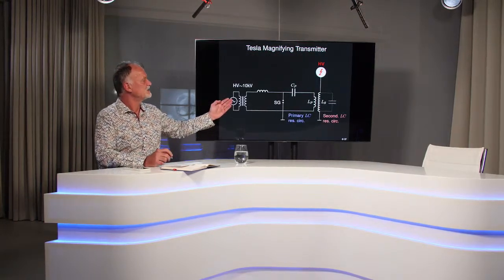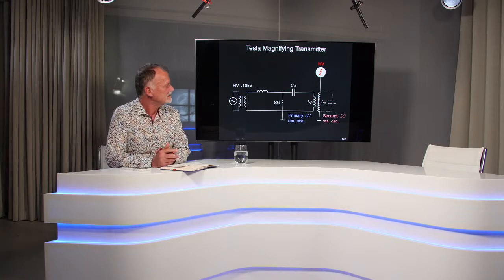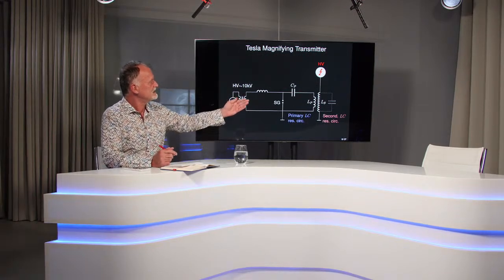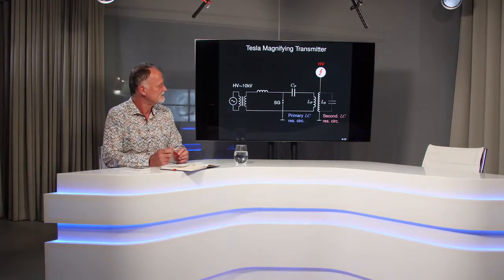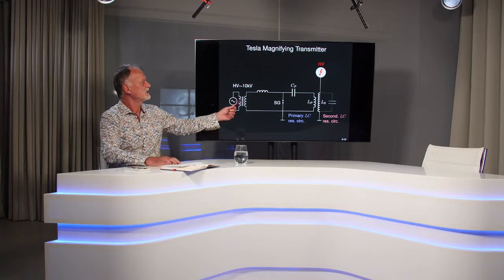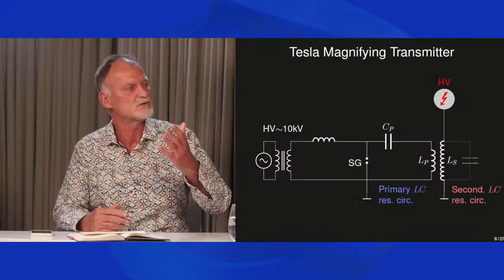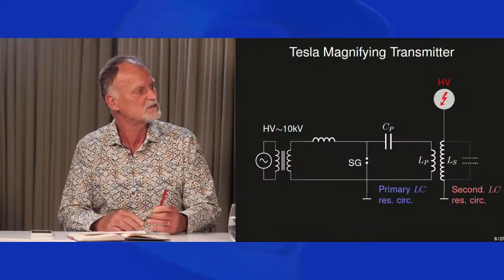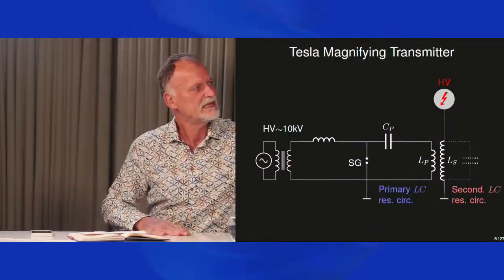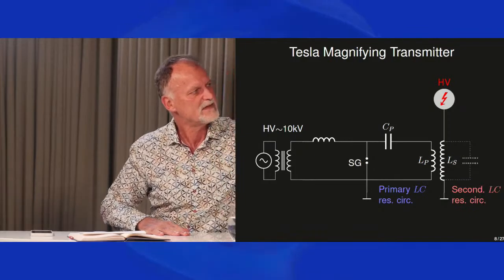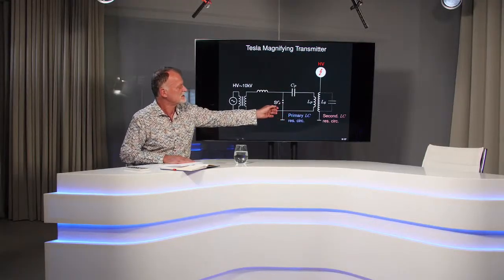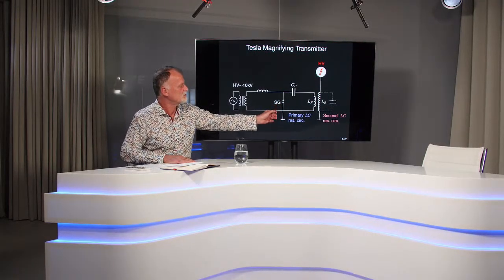Right, so that's very schematically the full design of the Tesla magnifying transmitter. You usually have a transformer, a high voltage transformer, 10 to 50 kilovolts, for example. And then here you have a primary circuit, which is closed by a so-called sparking gap.